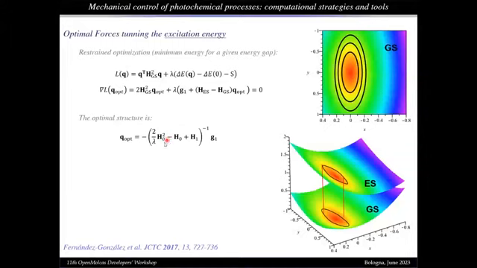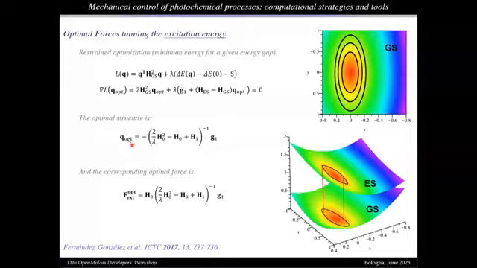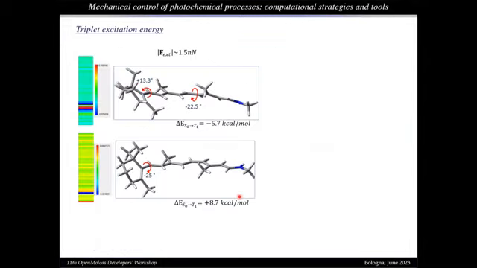These H matrices are Hessians on the initial state, H0, and the excited state, H1, and also the gradient of the excited state at the minimum energy point. Also, it's possible not only to obtain the optimal geometry, but also the optimal forces doing this computation.